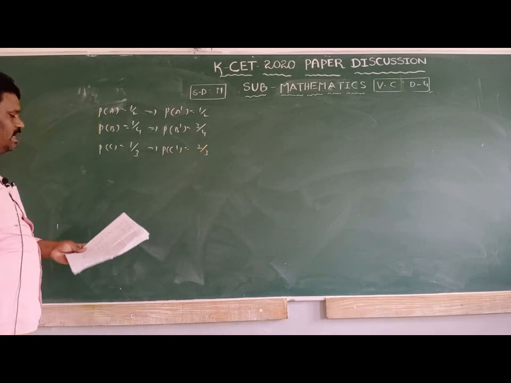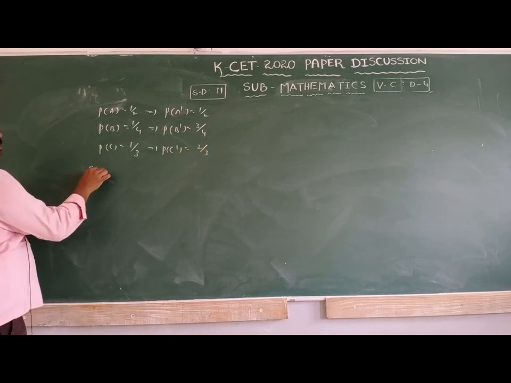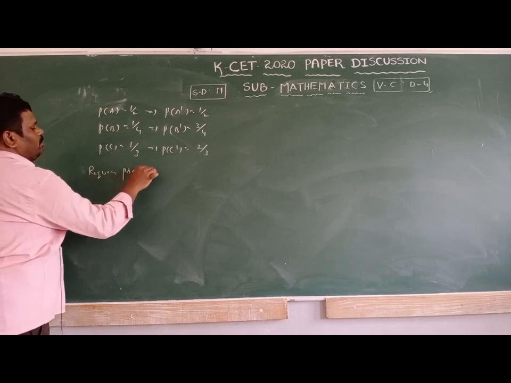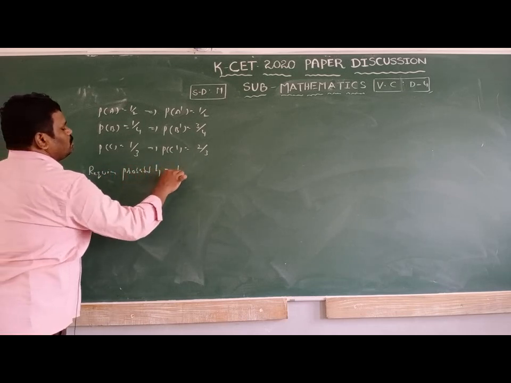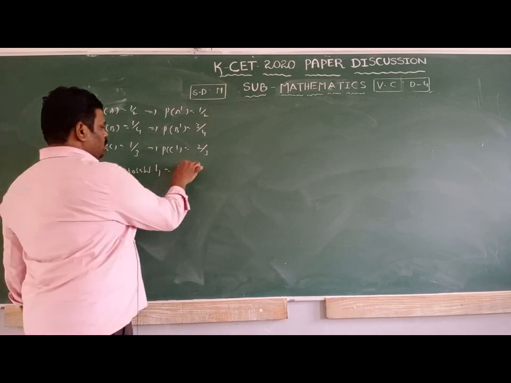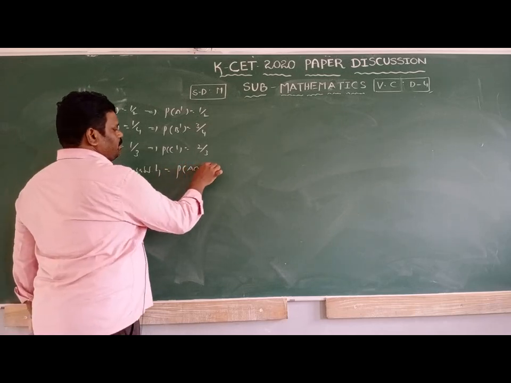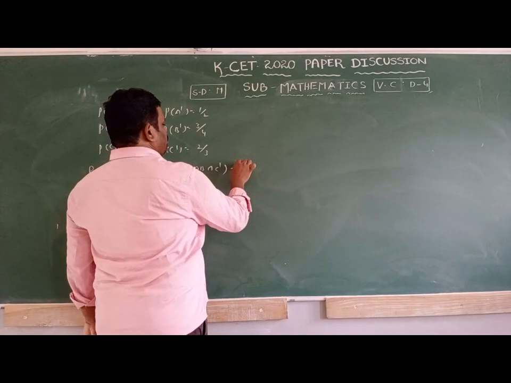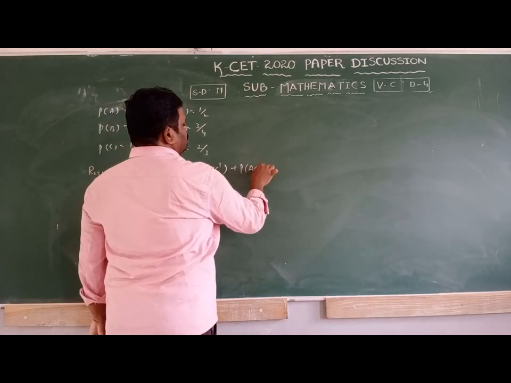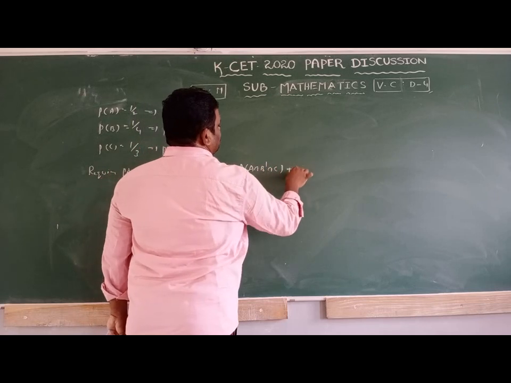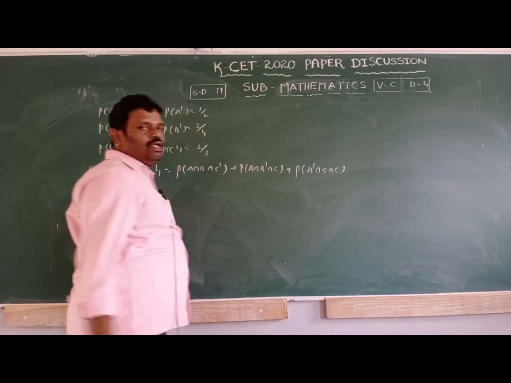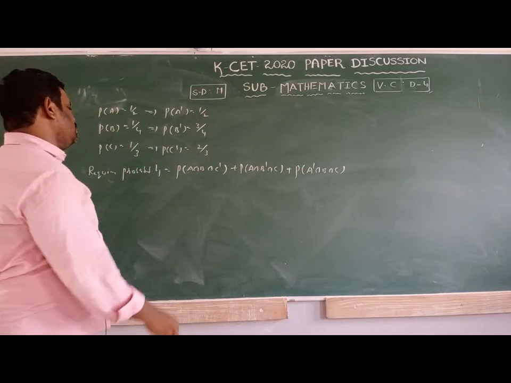Now here the required probability is equal to probability of A intersection B intersection C complement, plus probability of A intersection B complement intersection C, plus probability of A complement intersection B intersection C. Any two of the members is only possible here.